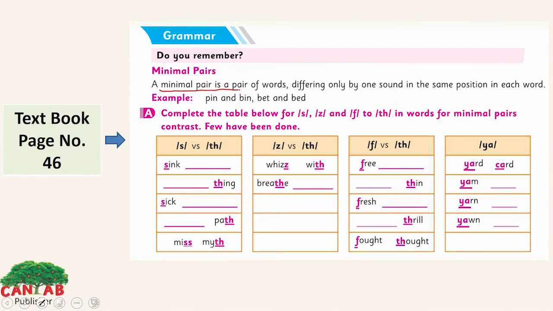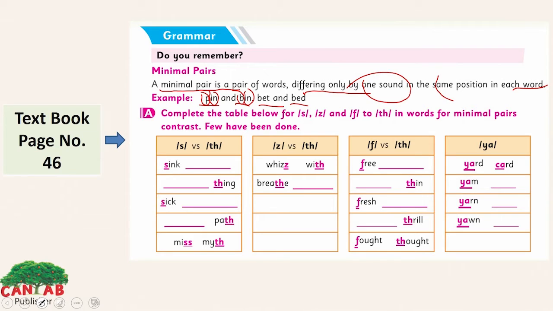A minimal pair is a pair of words differing only by one sound in the same position in each word, like pin and bin, bet and bad. You can see the difference of only one sound, the sound of only one letter here, P and B. The rest of the sound is the same in both words.